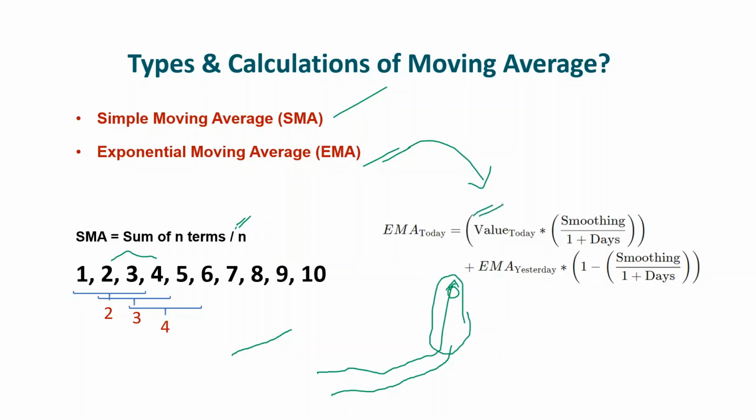So the value today at which the price is currently trading, and this is the weight percentage you have given to it, plus this added with the EMA yesterday. Whatever the EMA was yesterday, that is multiplied by 1 minus that percentage again, right? So this is the weight basically which is being given. Okay, with this formula EMA comes out, though this formula is not needed for us general people.